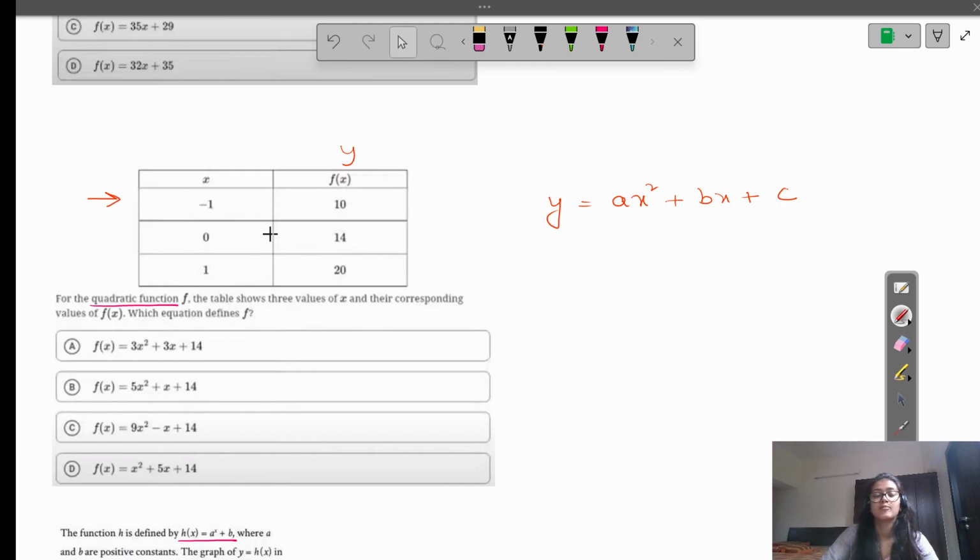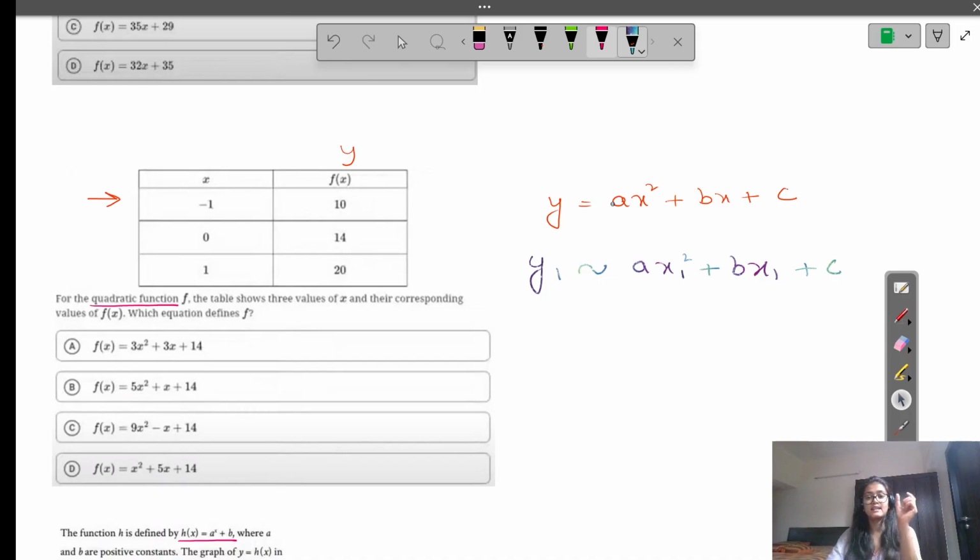We will enter this table on DESMOS, and then instead of typing this equation, we are going to type y1, and then put a squiggly line instead of the equality symbol, then ax1 square plus bx1 plus c.